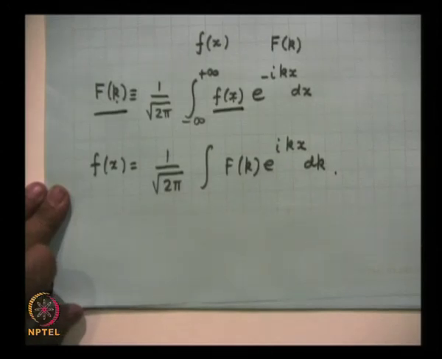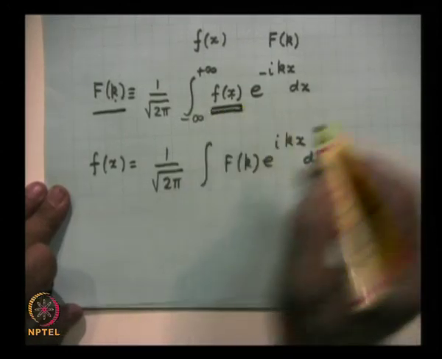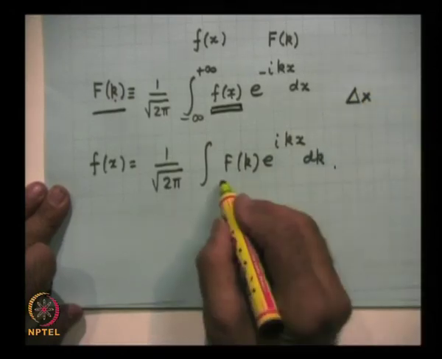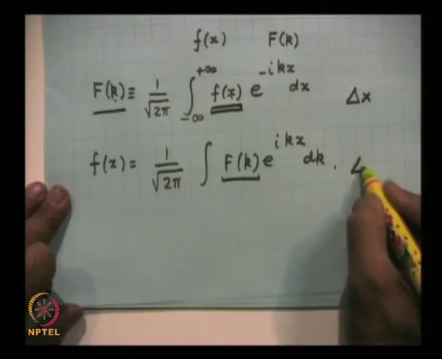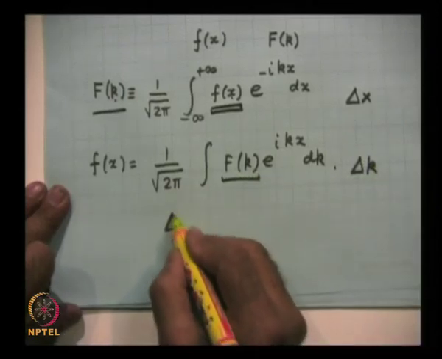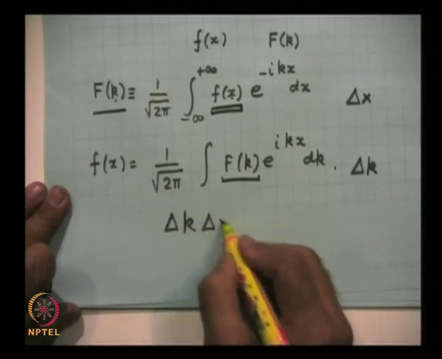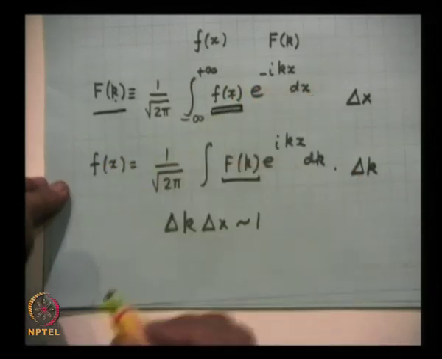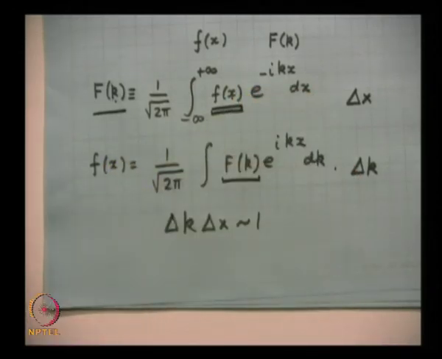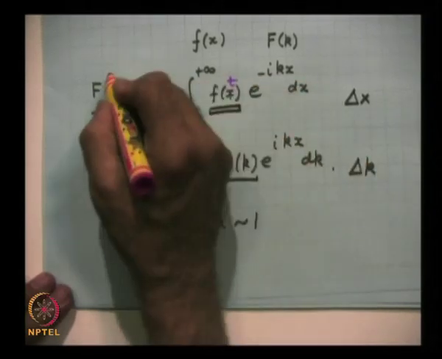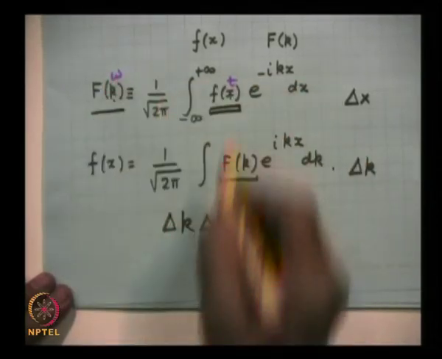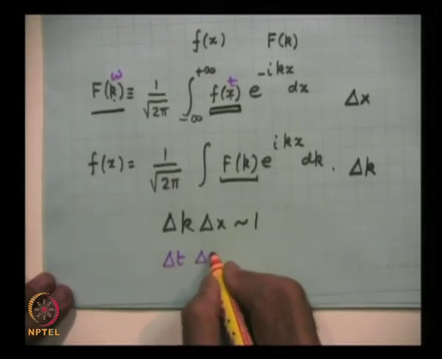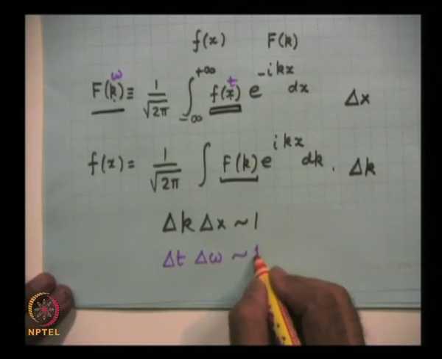If the function f of x has a localization of the order of delta x, and F of k has a localization of delta k, then in general delta k delta x is of the order of 1. Similarly, instead of x, this is t and then this will be the omega spectrum, and if the time duration of the pulse is delta t, then its corresponding frequency spectrum is delta omega, and delta omega delta t is of the order of 1.